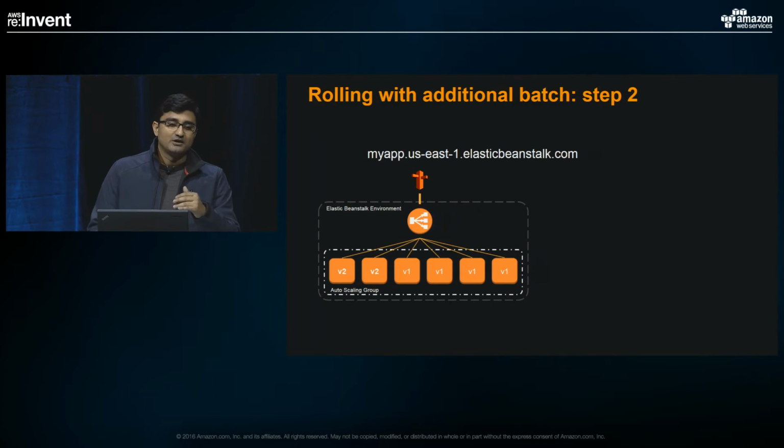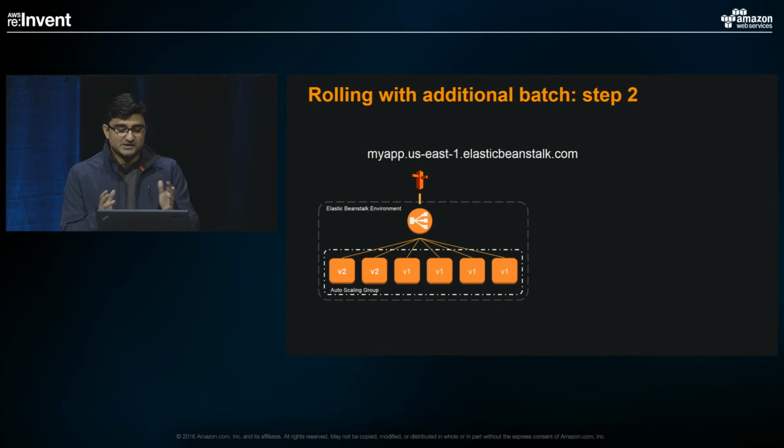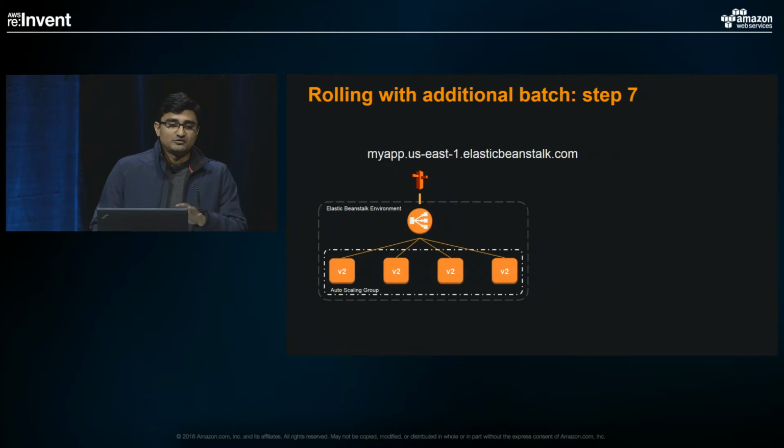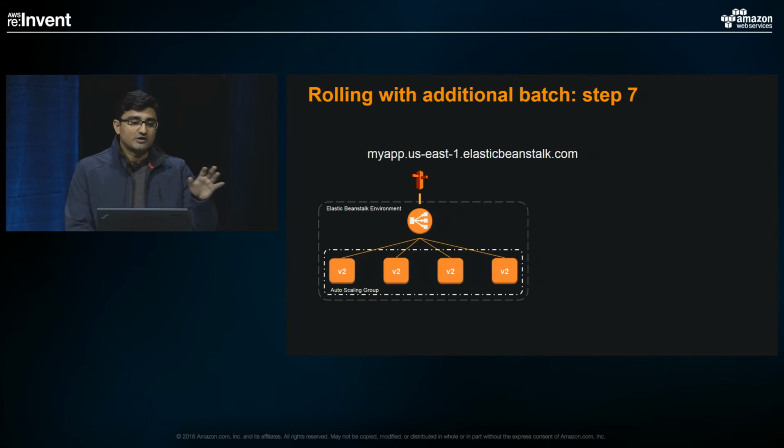So at this point, you would have a little higher capacity. Once they are up, we bring 2 of the existing instances down and bring them up with the new version of the application. And once we already have V2 on 4 instances, which was the original batch size, we take down the rest of the 2 instances that were already there. So this essentially is the final look after you update.